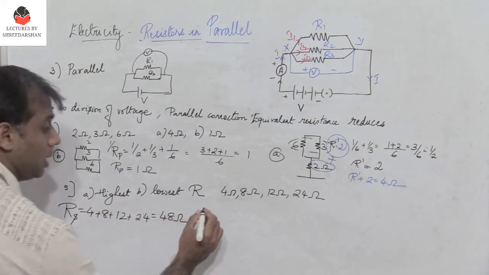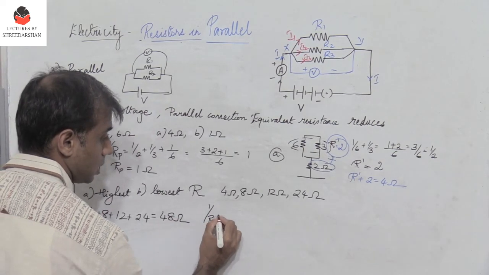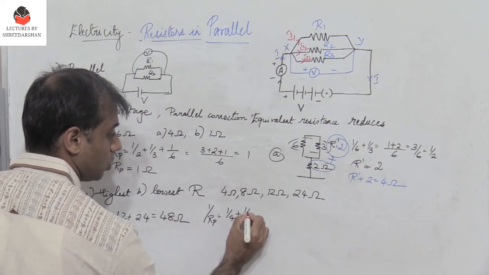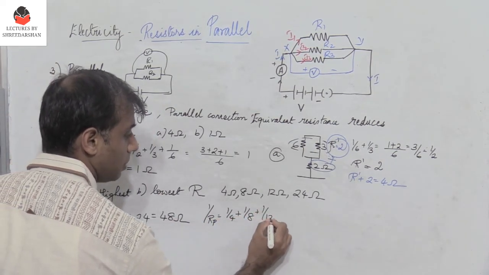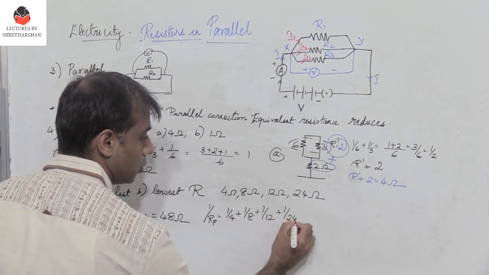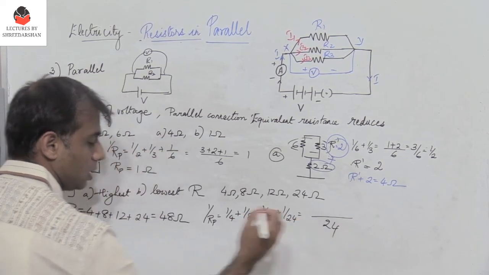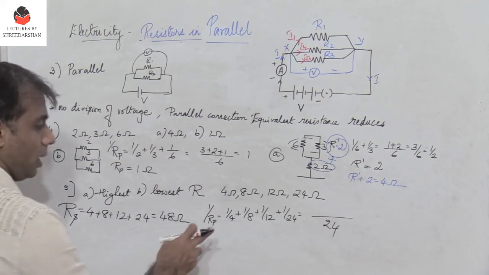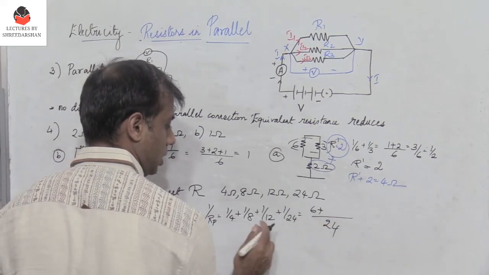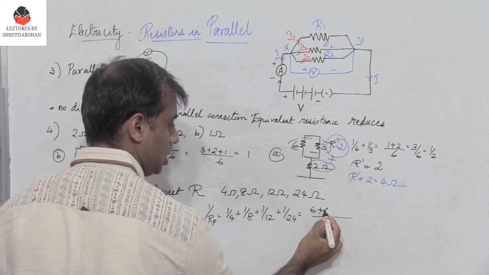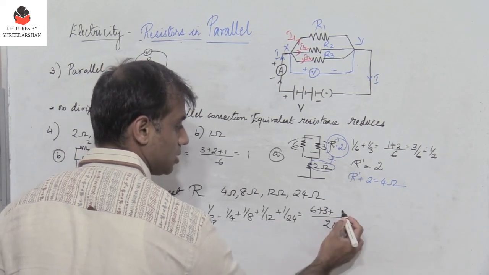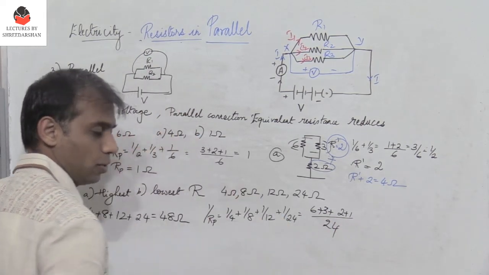So therefore 1 by Rp is 1 by 4 plus 1 by 8 plus 1 by 12 plus 1 by 24. So take 24. So 24 by 4 is 6. 24 by 8 is 3. 24 by 12 is 2. 24 by 24 is 1.